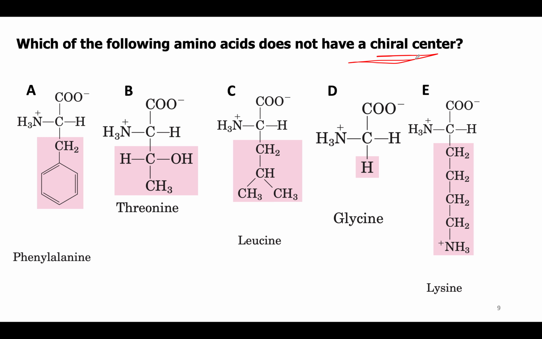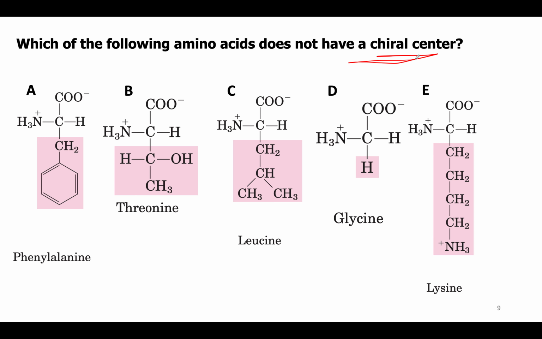So I wanted to explain this particular aspect using a specific question which you may encounter during the assessment. This is a typical multiple choice question that you will encounter in a biochemistry assessment here at MBRU. The question asks: which of the following amino acids does not have a chiral center?